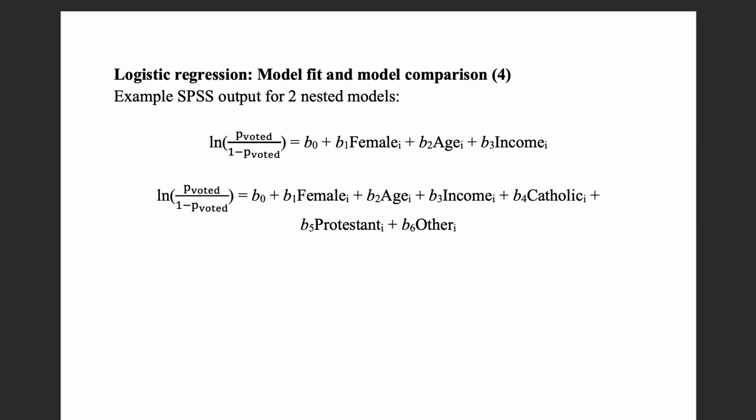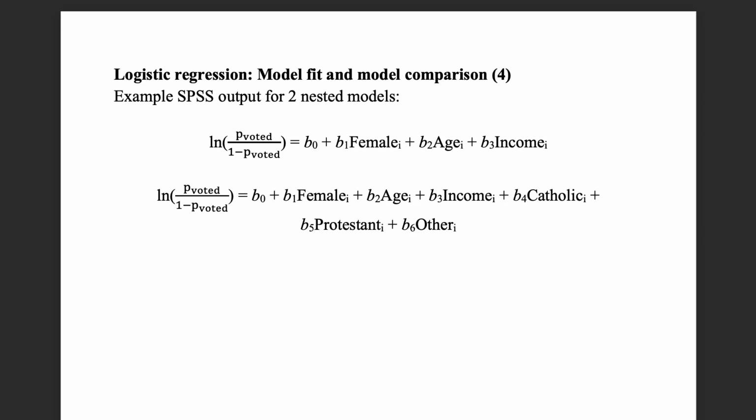So I might want to say, what is the joint effect of Catholic plus Protestant plus other? In other words, I might want to do a multi-parameter test on the overall effect of religiosity. Notice that that implies that I would want to compare the model with Catholic, Protestant, and other included to the model without them.